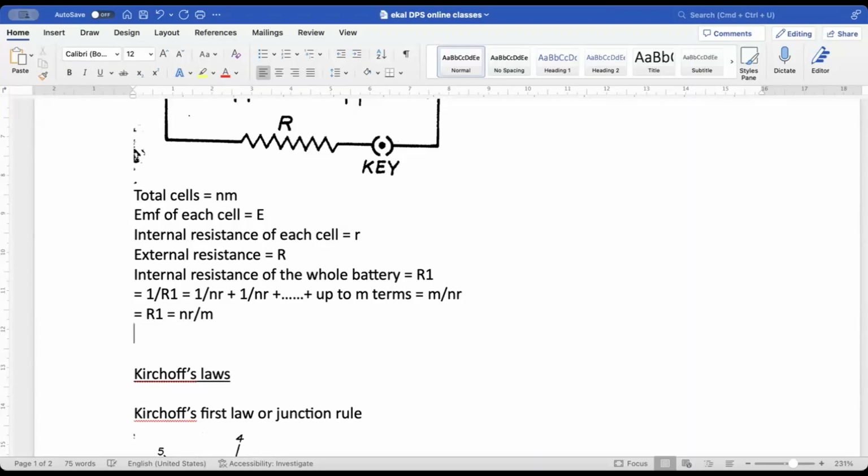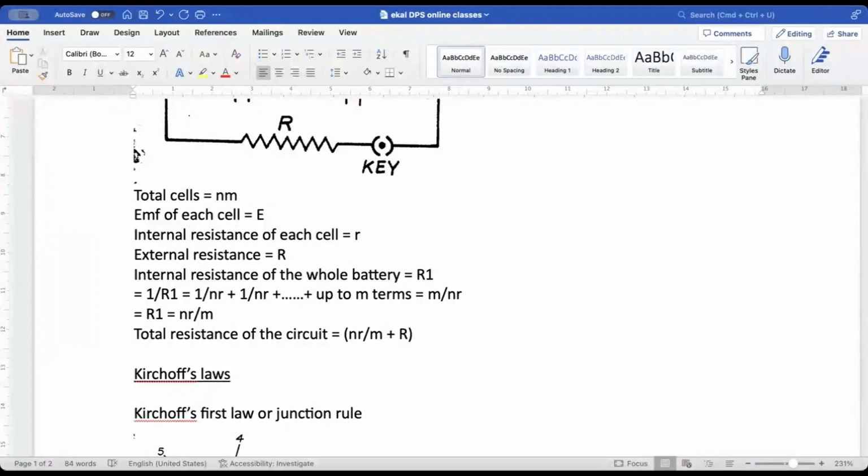Fine. And the total resistance of the circuit is equal to the total internal resistance plus the external resistance. Total internal resistance is nr by m, and the external resistance is R. That's the total resistance we have.